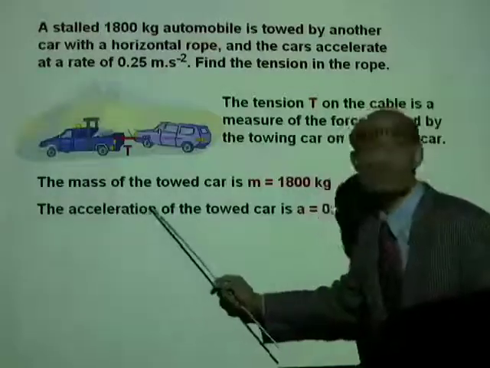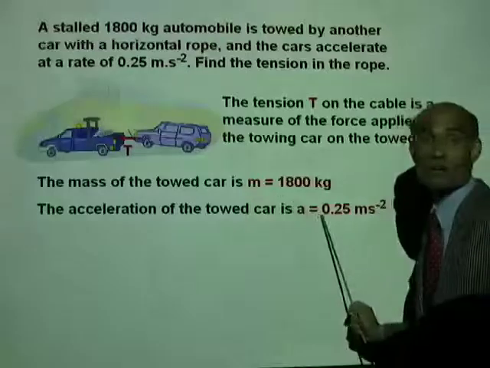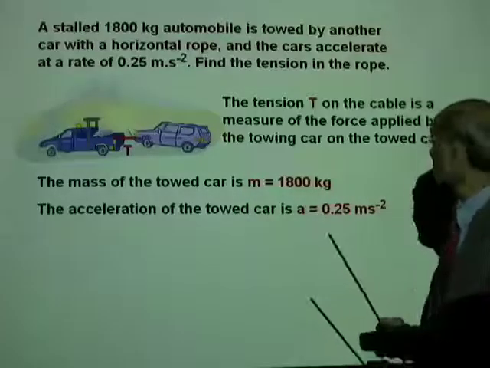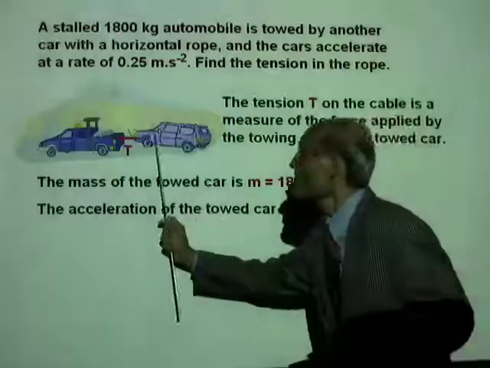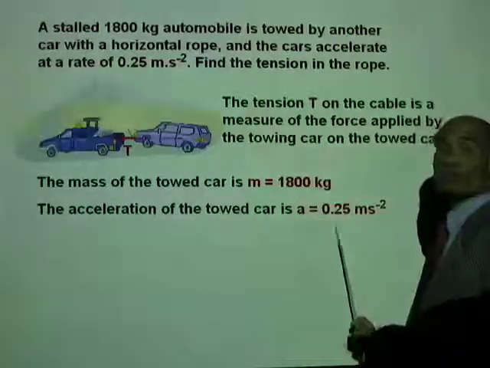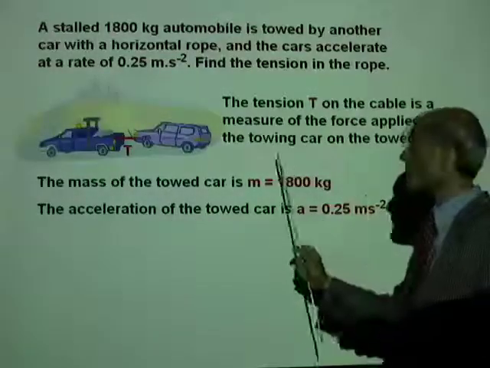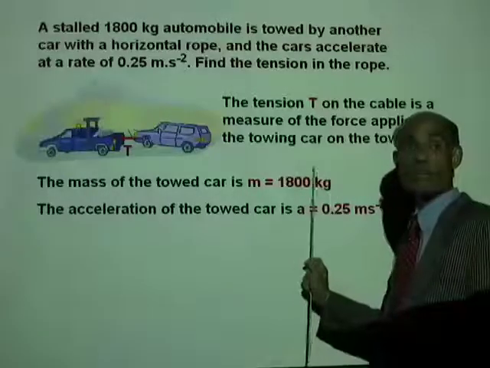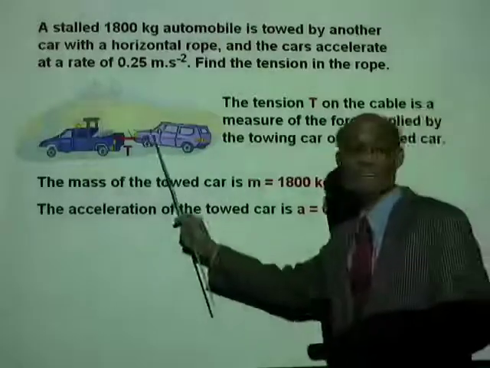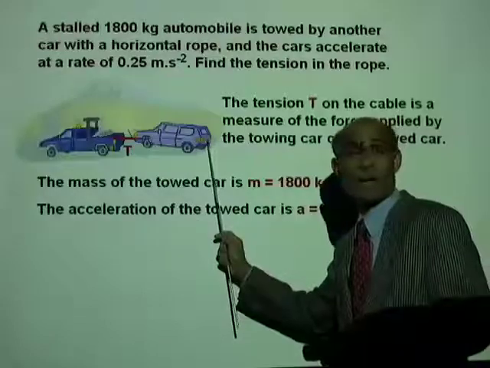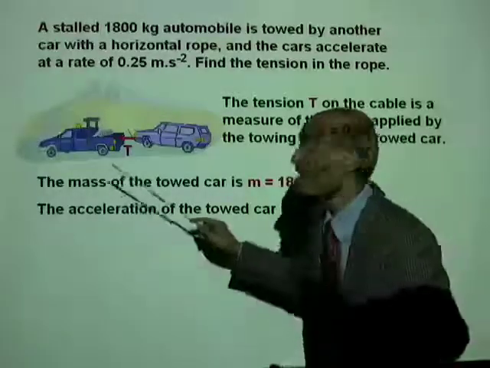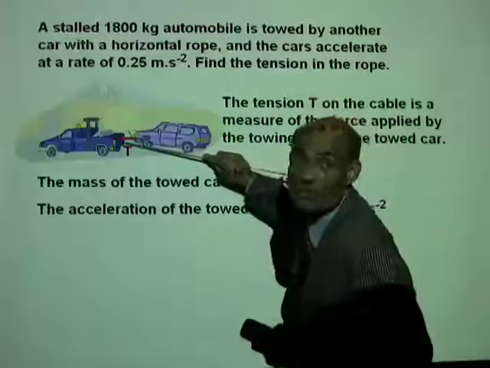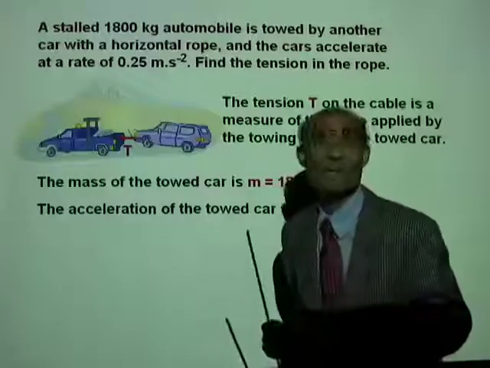The acceleration produced on that car is 0.25 meter per second squared. So, an acceleration of 0.25 meter per second squared is produced on a mass of 1800 kilogram, and that can be done only by a net force. What is that net force? That net force is the tension on the cable.